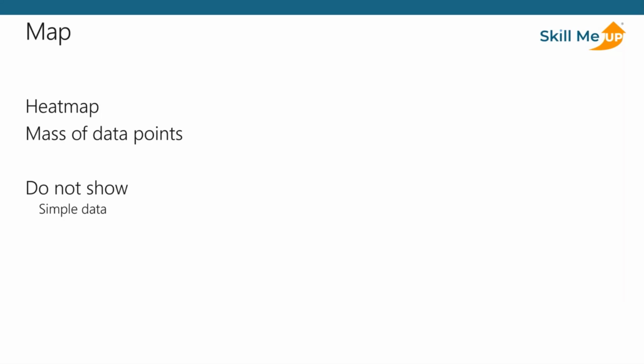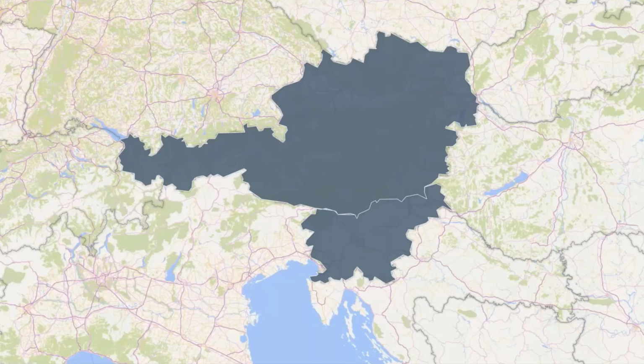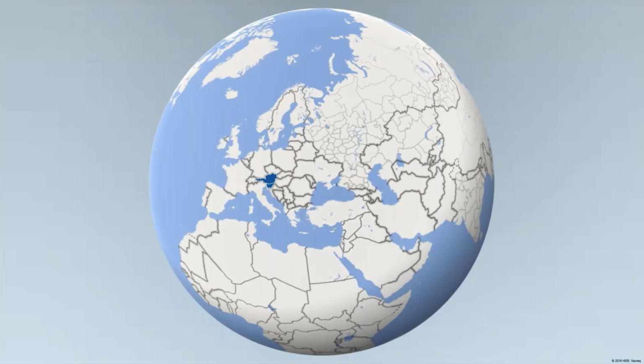Please do not show simple data on a map, because usually, I mean, why should I show a world map to the people I'm working with? Because they know where Europe is, or the US is, or Canada is, or Australia is, unless they do not know. So what we see here is Austria and Slovenia. Austria built a fence on the border to Slovenia, and Australia is on the other side of the earth.